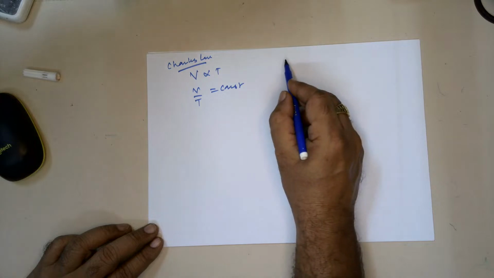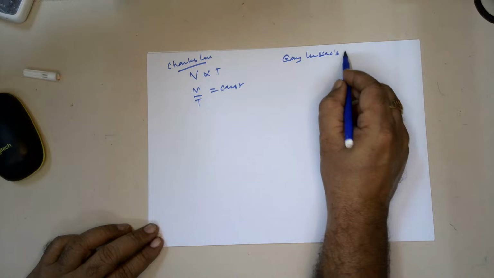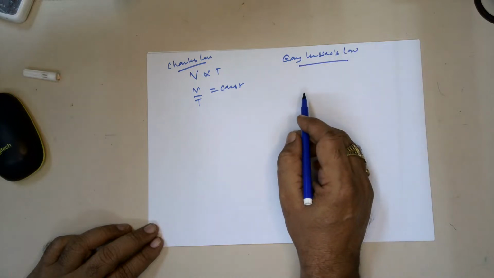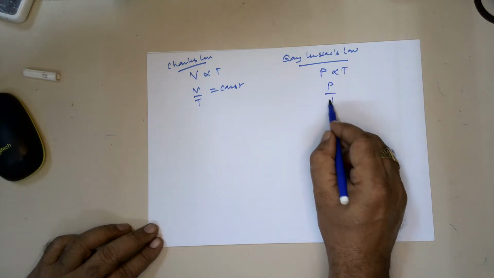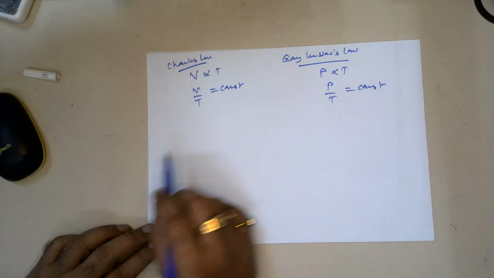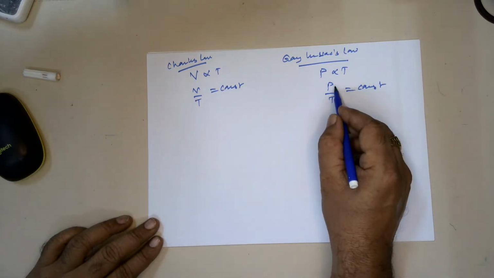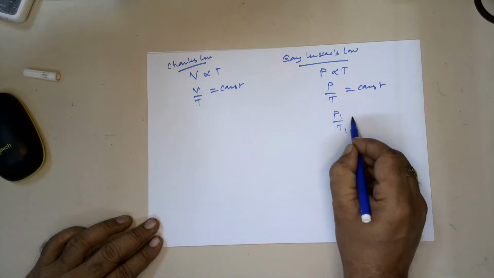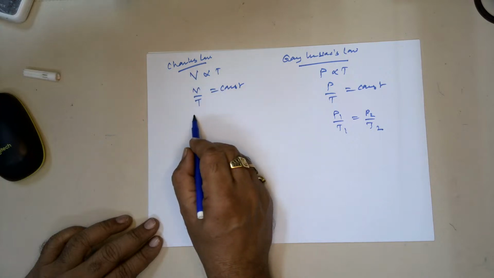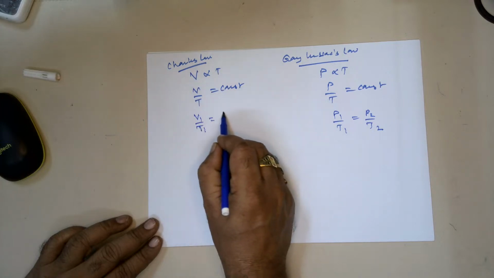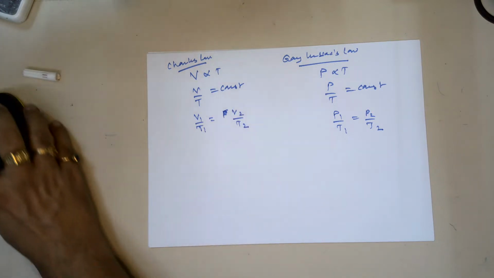And according to Gay-Lussac's law, also called the pressure law, P is proportional to T. Therefore, P by T is equal to constant. So these two can be represented by P1 by T1 is equal to P2 by T2. Similarly, Charles' law can be represented by V1 by T1 is equal to V2 by T2.